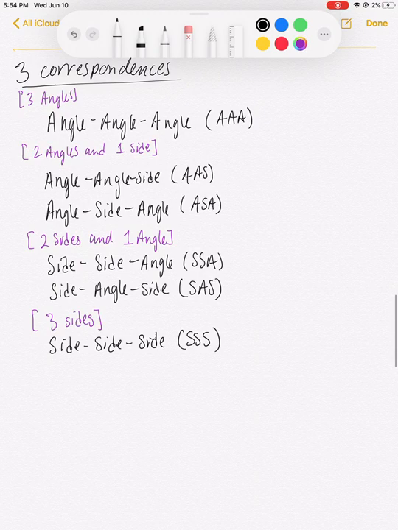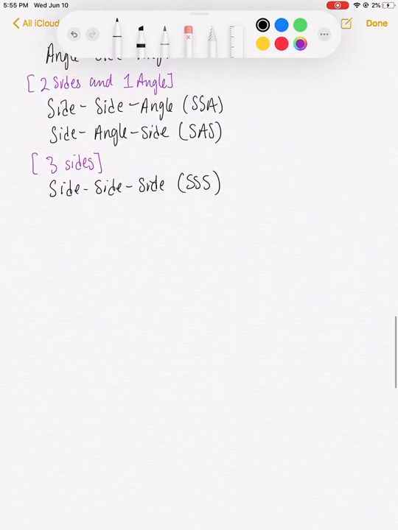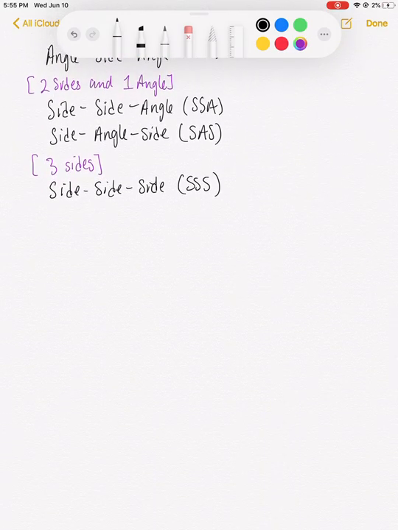So those are all of the ways that we can set up three correspondences. We need to take a look at each one to see if the other three parts of the triangle will be forced to be the same if we establish the first three to be the same. So the first one is the angle, angle, angle one.